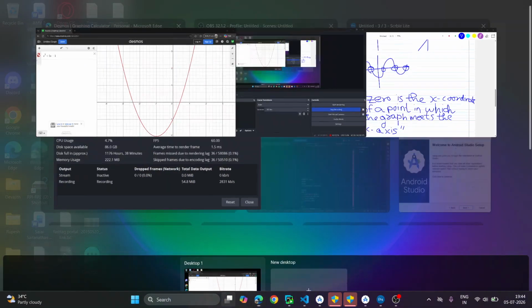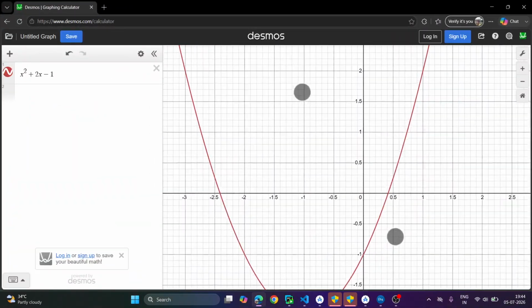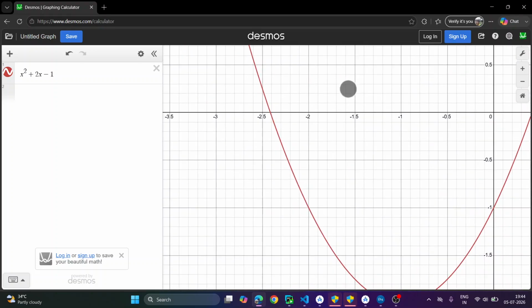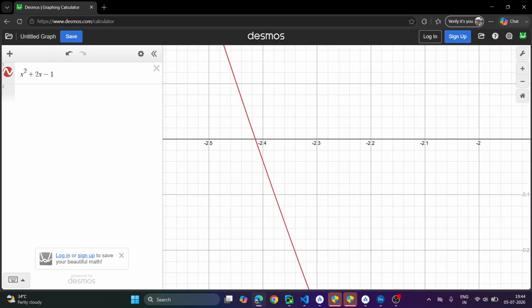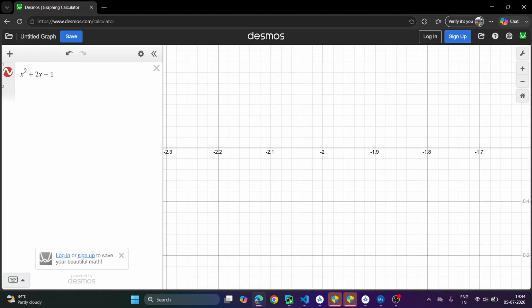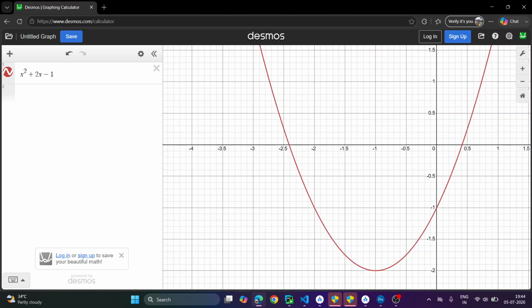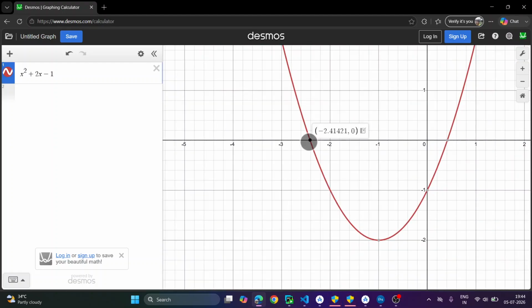Let's zoom in to the first zero. We get this, right? So this is minus 2.414214 comma 0. So this is our zero. The x coordinate is our zero. Let's just mark it up here itself.